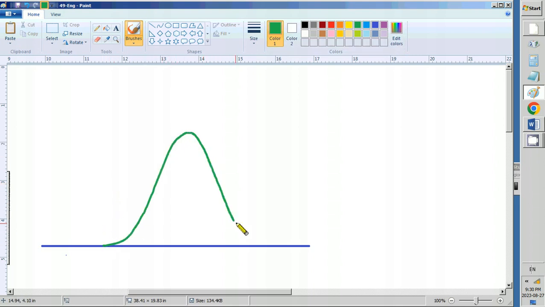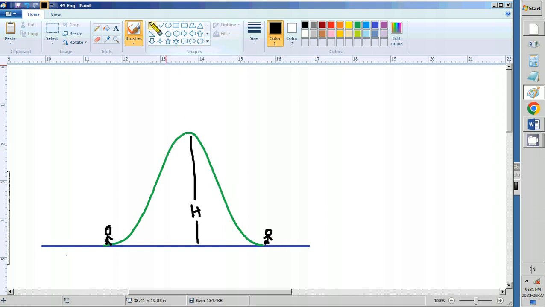Imagine that there is a mountain whose height is capital H. There is a person here who begins to climb up this mountain, and also there is another one here. He also is going to climb up this mountain.